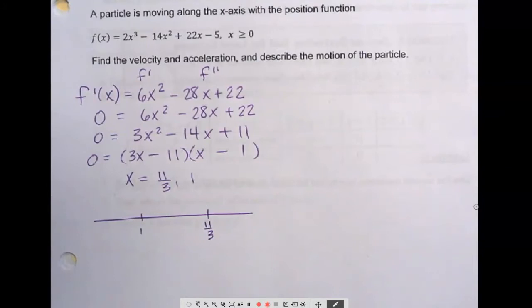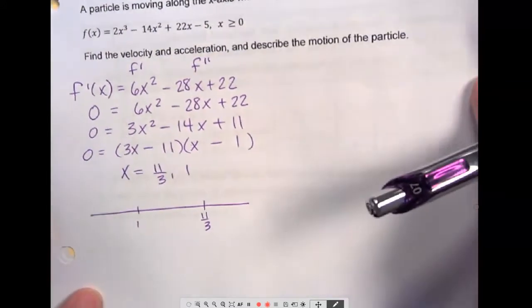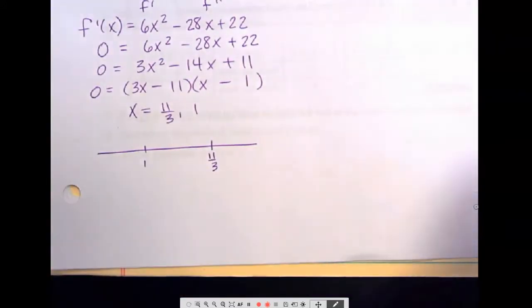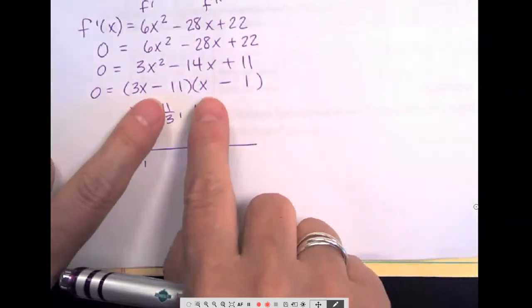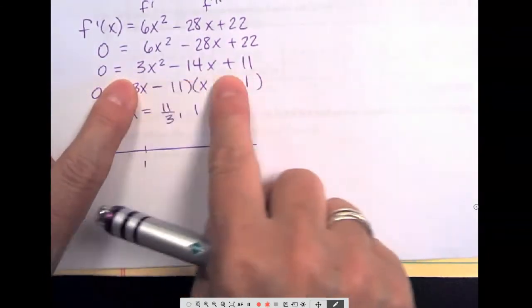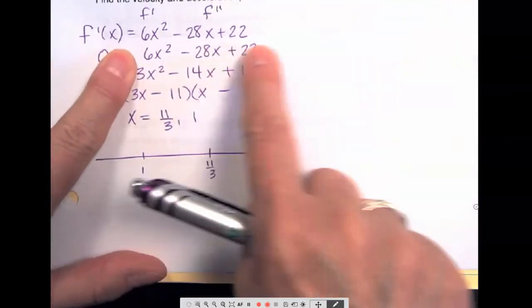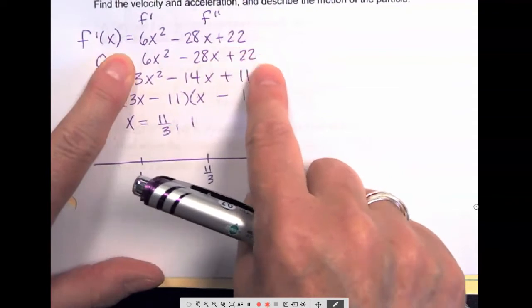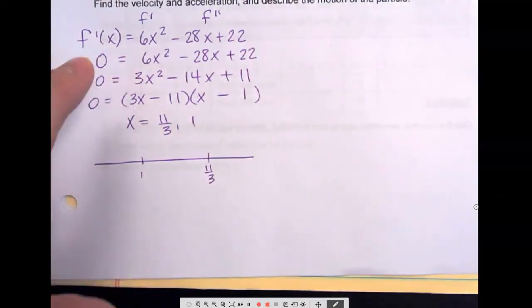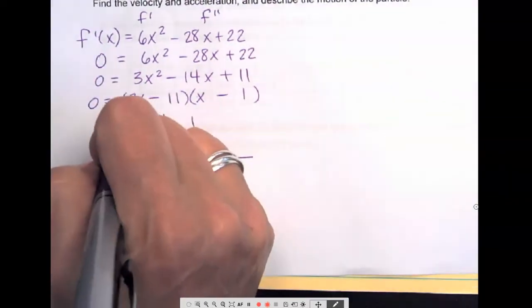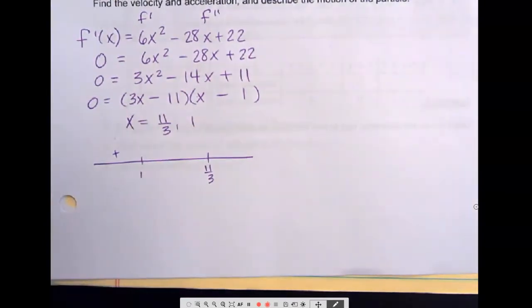Okay, so let's test a point to the left of 1. What's super easy? 0. It's easy to put it back in this one here, because subbing in 0 will give me what kind of number, positive or negative? Positive, which tells me this is increasing.